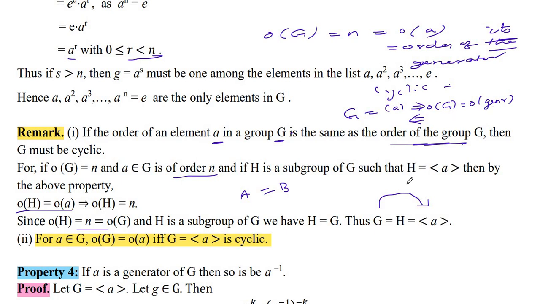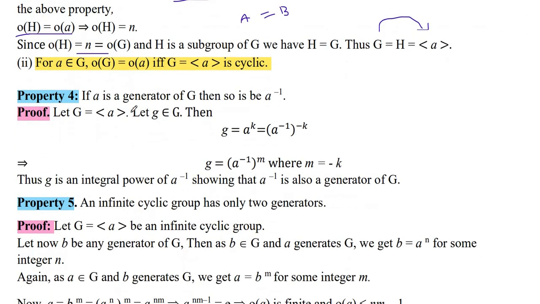And whenever order of G is the same as the order of an element in G, then you must have G to be cyclic. It's an important property. Later when we prove any of the results based on cyclic groups, this is the technique that we'll be using.